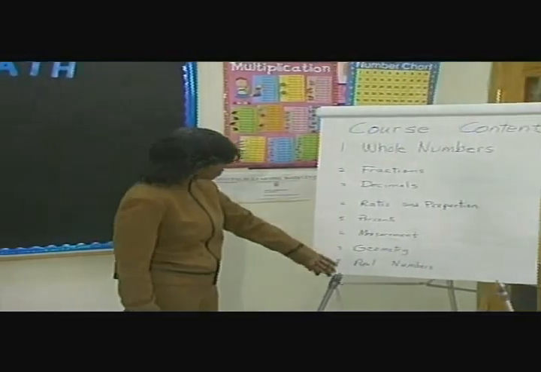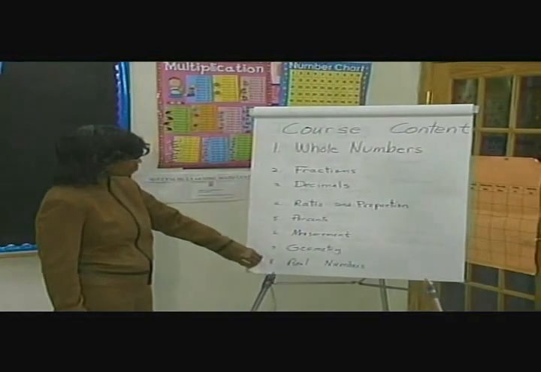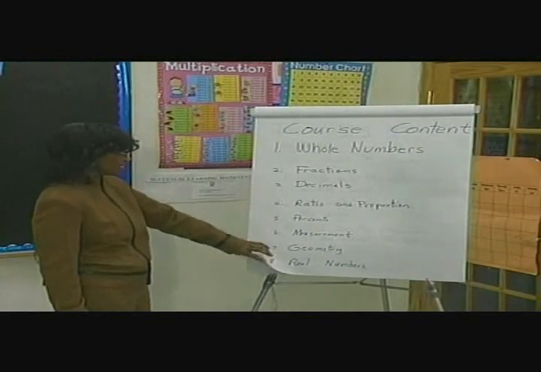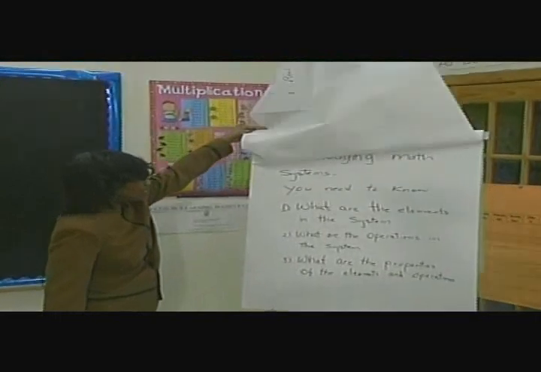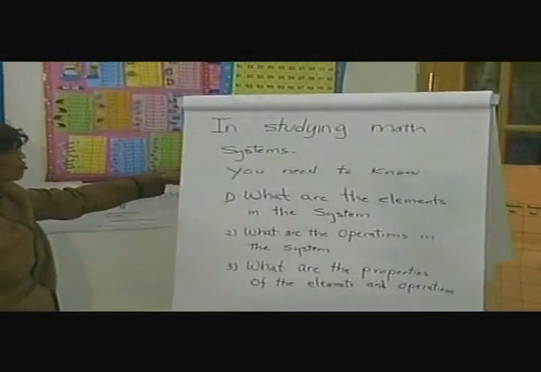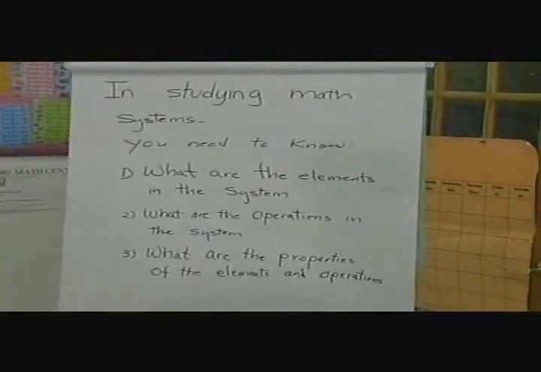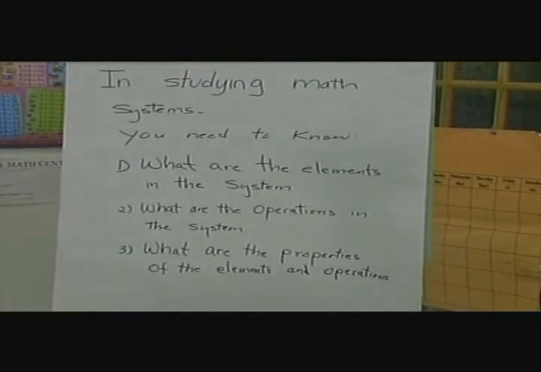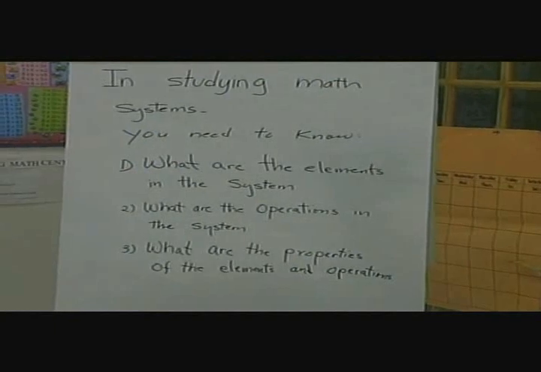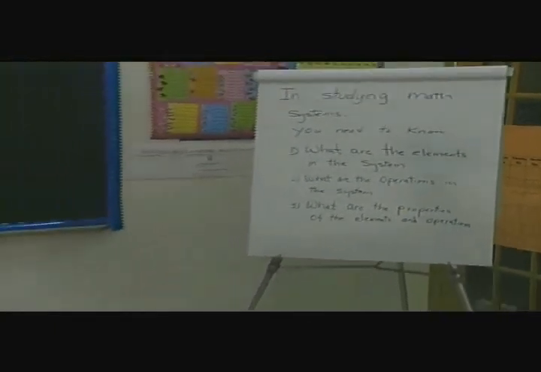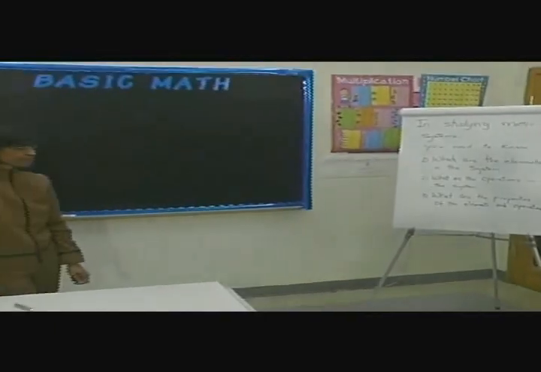Now, in studying these various systems, system of whole numbers, fractions, decimals, ratios, and whatever, there are three things that you need to really know in studying any system in mathematics, no matter who's teaching it. You need to ask if it's not clear to you, but you need to find out, what are the elements in the system?